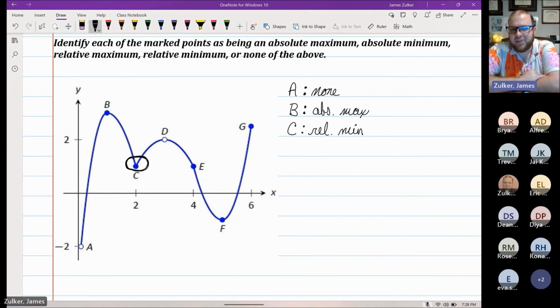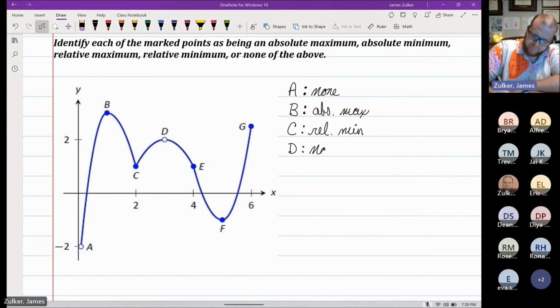Now look at the point D. This is again none. It is not a defined point.